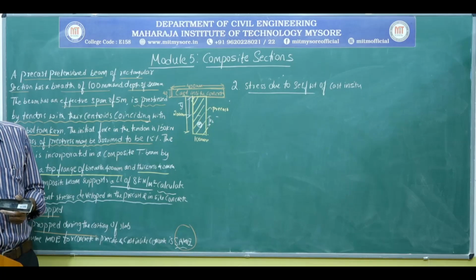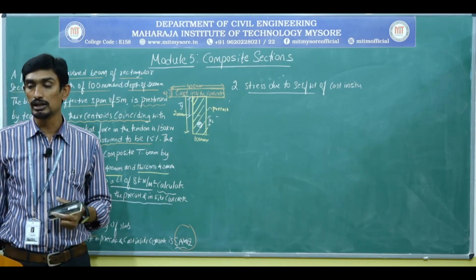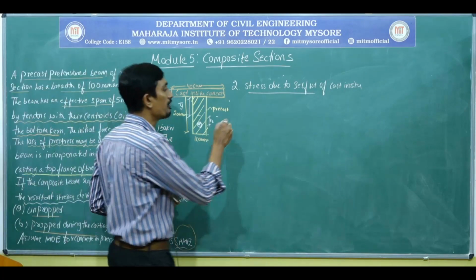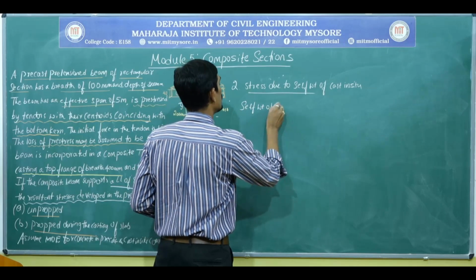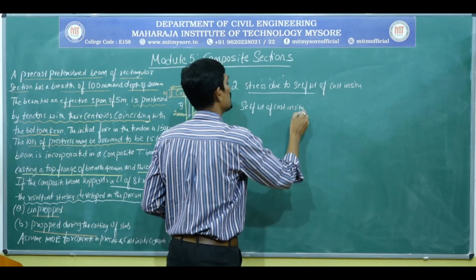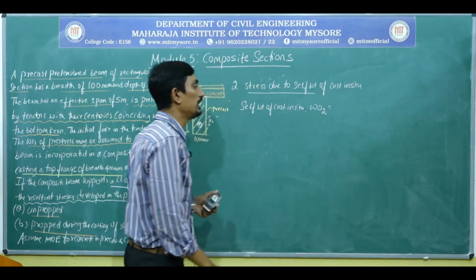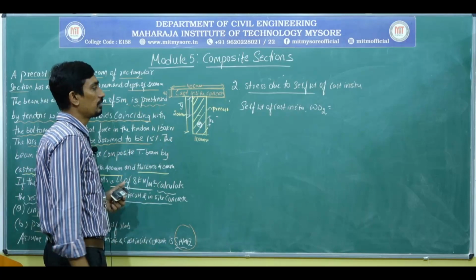So now stresses due to the self-weight of the cast in situ, because I have already calculated all the dimensions. So now self-weight of cast in situ, which is equal to WD2. Please observe the dimensions.